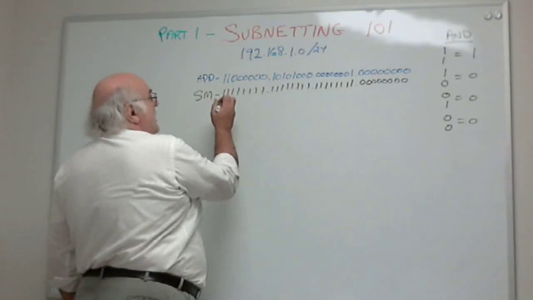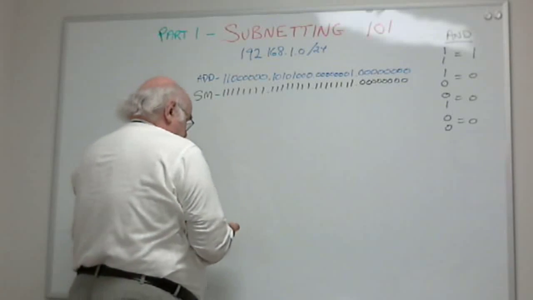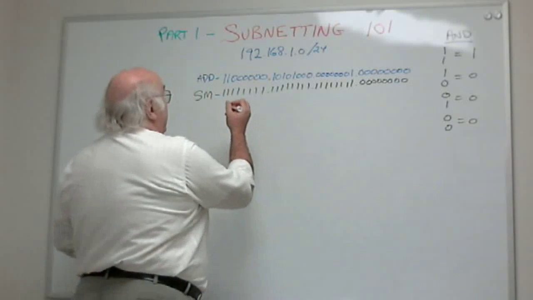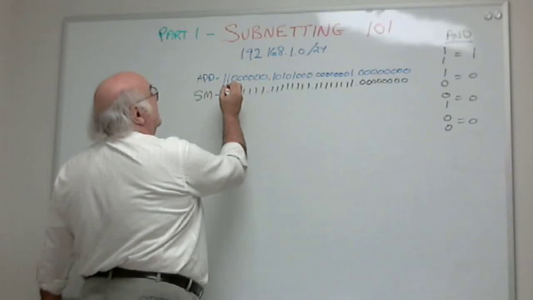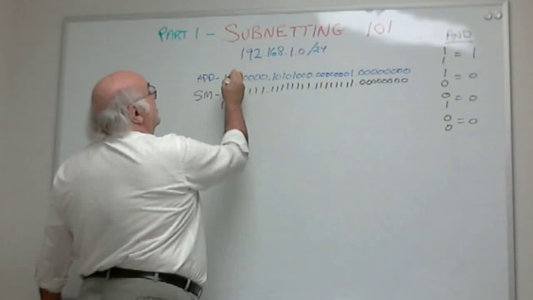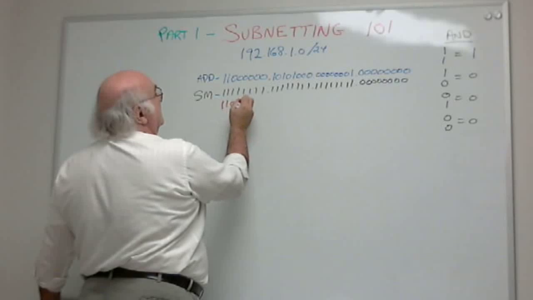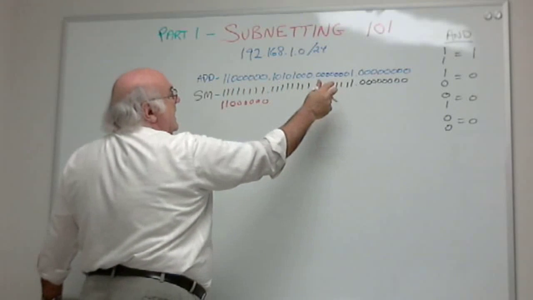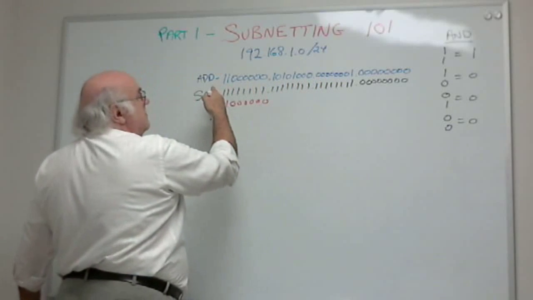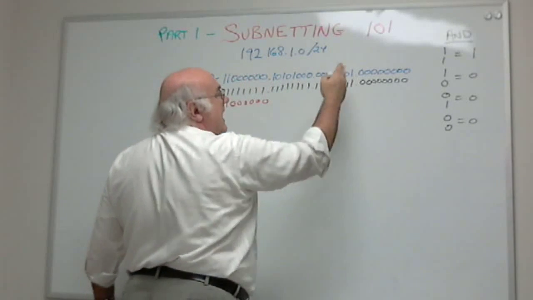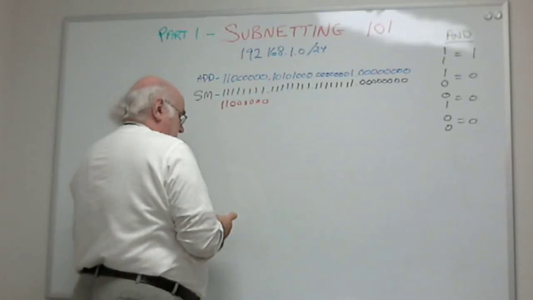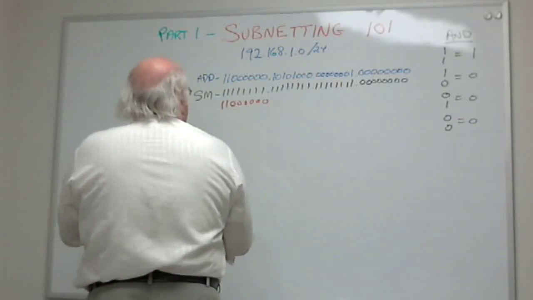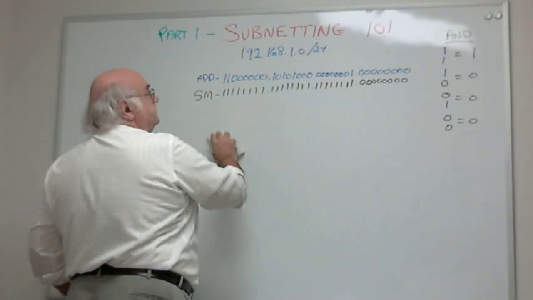Notice anywhere there's a 1 in the subnet mask, you're just recopying the address. That's the easiest way to think about it.